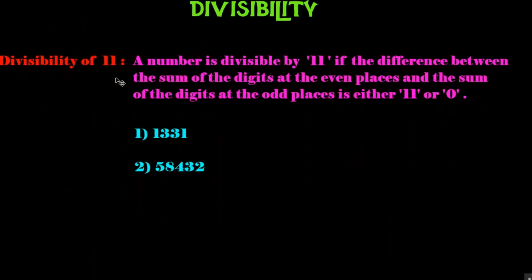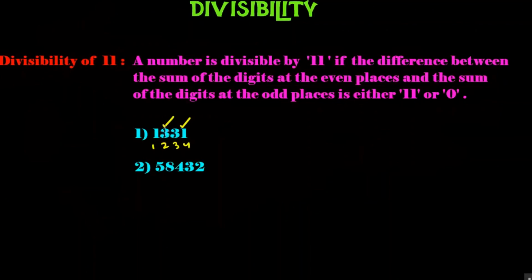Now for the divisibility of 11, a number is divisible by 11 if the difference between the sum of the digits at the even places and the sum of the digits at the odd places is either 11 or 0. So when you add digits at the even places, that is like this and this, these are even places, as the positions are, if you mark them as 1, 2, 3, 4, this is the second position, this is the fourth position, both of them are even positions.